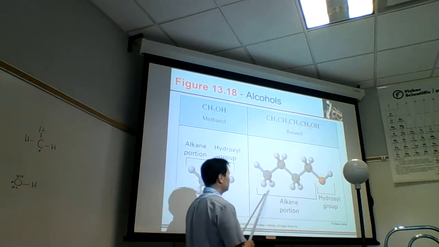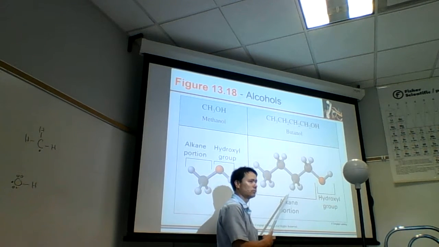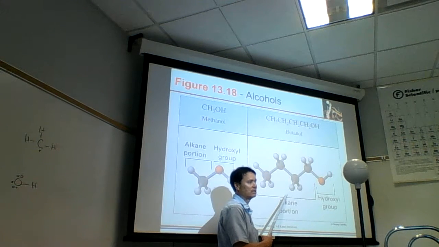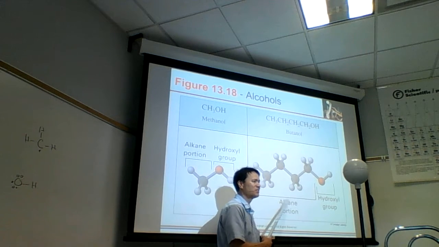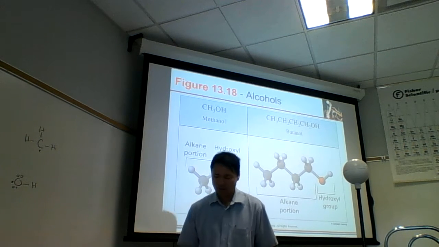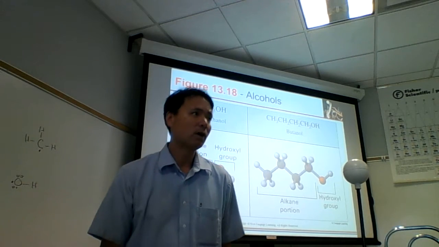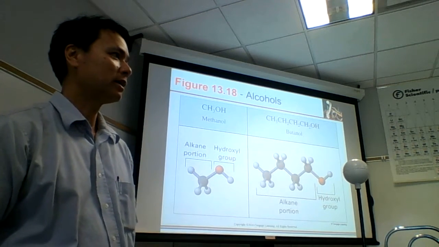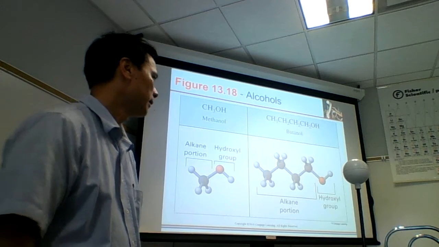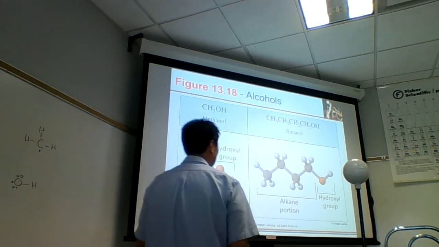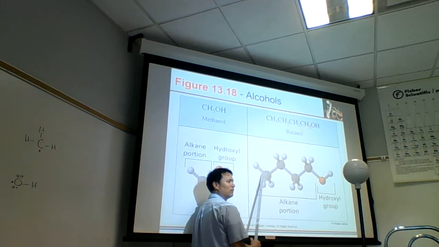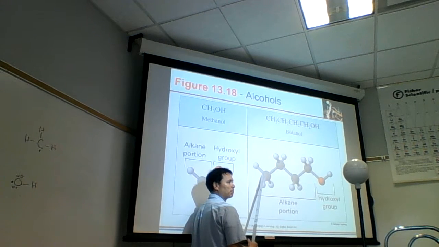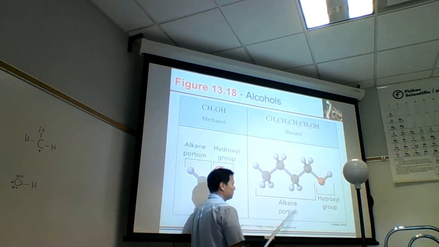However, is there a limit to how much butanol you can mix in water? Yes, there is. Can you mix very much butanol? No, you can't. Why is butanol so unfriendly with water, whereas methanol is so friendly? It's because of this part here. What does this look like to you? We call this the alkane portion.